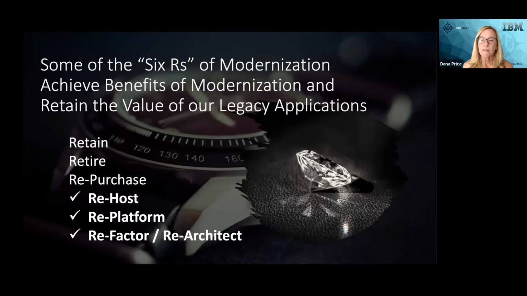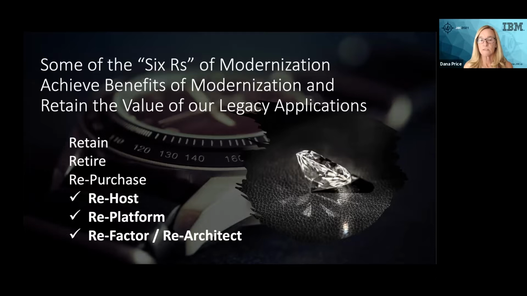But the next 3 are the ones that give us the chance to keep the valuable intellectual property and functionality of an application that we've invested in over the years, and still be able to achieve the benefits from cloud optimized runtimes and Kubernetes environments that we exploit today when we're starting our cloud native development processes.